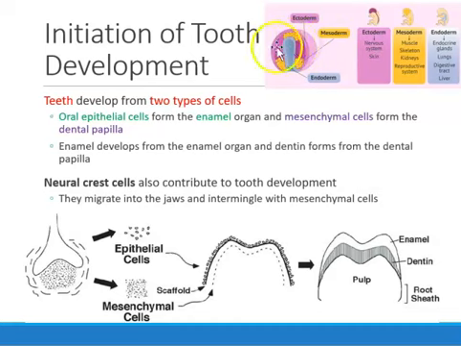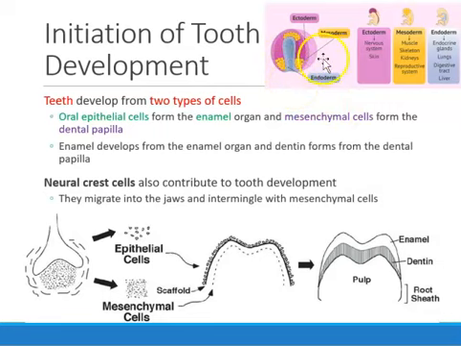Then we have the mesoderm, which is on the inside, and it makes muscles, skeletons, kidneys, reproductive system, but the mesoderm also plays a big role in making the inside part of your teeth, like your dentin and the pulp. And then we have the endoderm, but we're not going to worry about that right now.